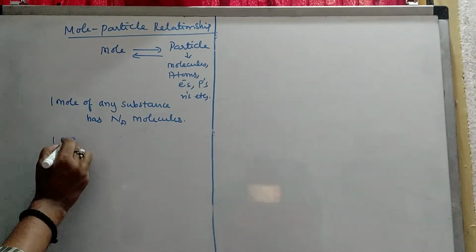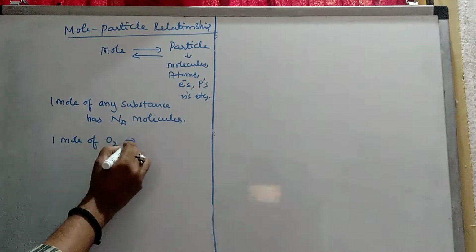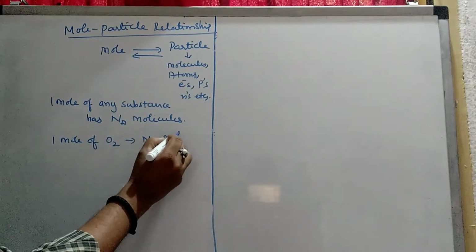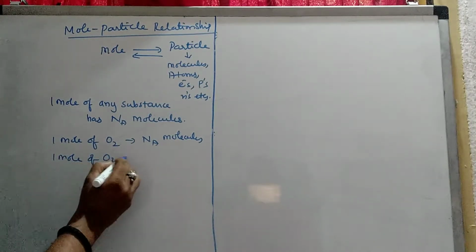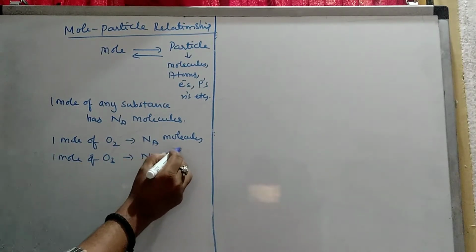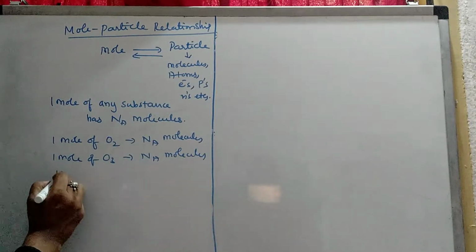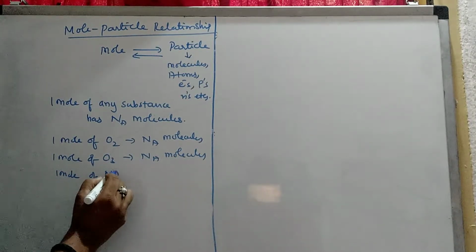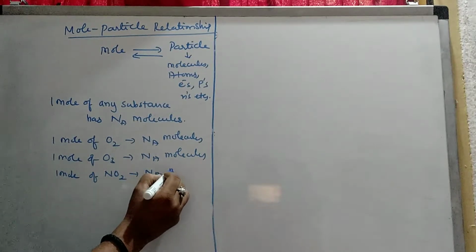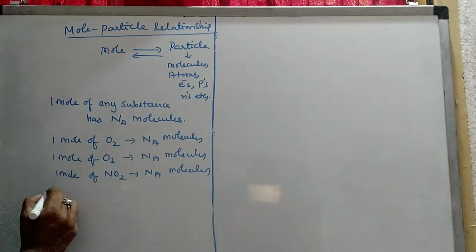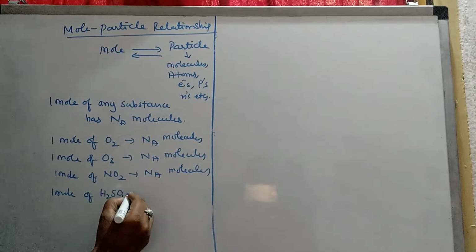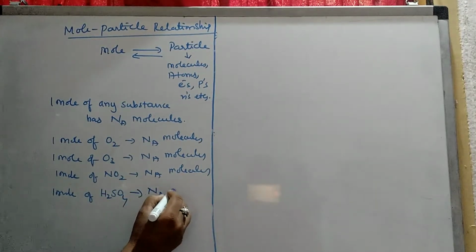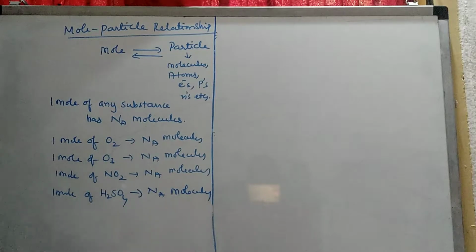Suppose 1 mole of oxygen has Na molecules. 1 mole of ozone has Na molecules. 1 mole of nitrogen dioxide also has Na molecules. 1 mole of sulfuric acid also has Na molecules.